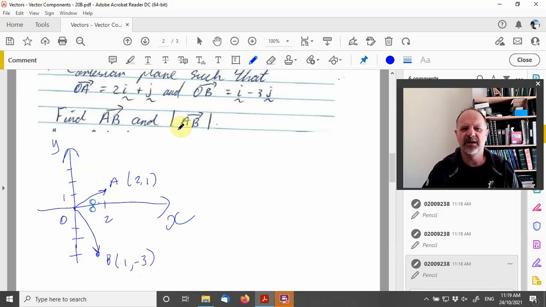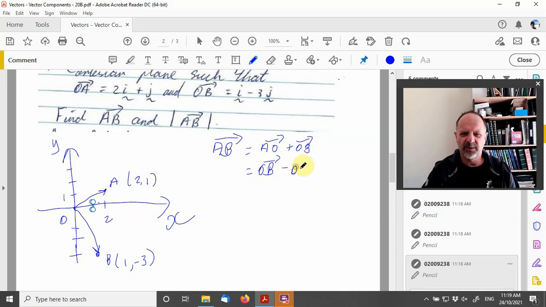What we are after is the magnitude of AB. First of all, we need to find AB. Because these are position vectors, we go from A to O and then to B. So if you like, it's OB minus OA.